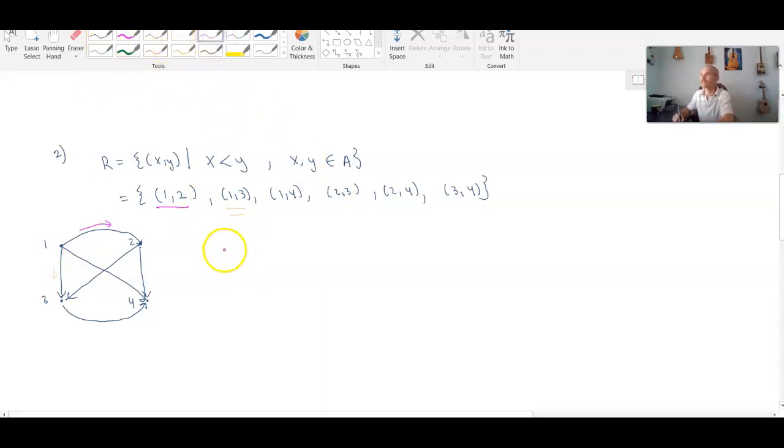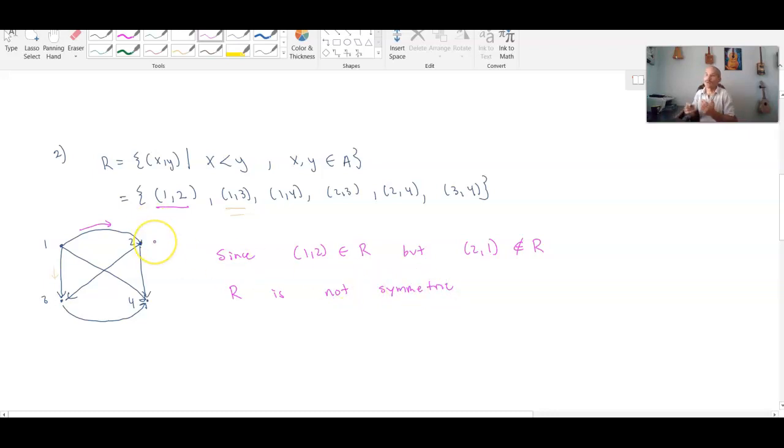So since the ordered pair (1,2) is in the relation, but (2,1) is not in the relation, by definition, R does not have the symmetric property. R is not symmetric.